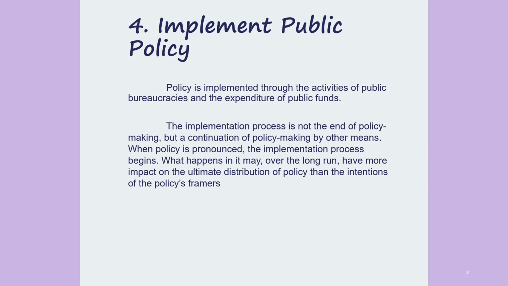Next, we have implementing public policy. Policy is implemented through the activities of public bureaucracies and the expenditure of public funds. So in a way, policy implementation includes all the activities that result from the official adoption of a policy. Policy implementation is what happens after a law is passed.